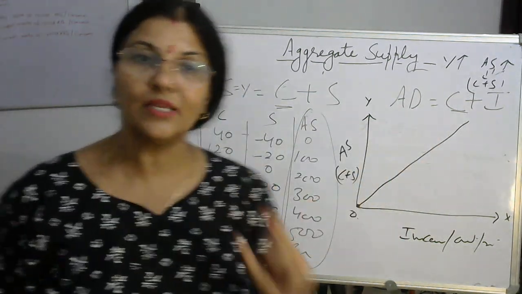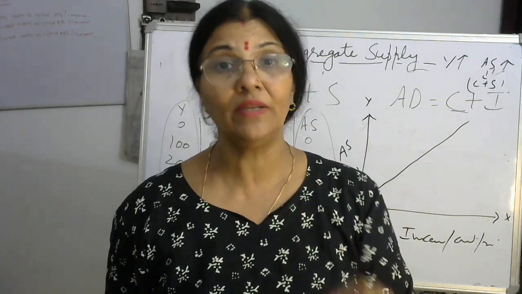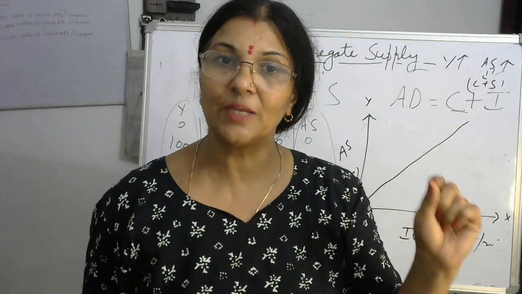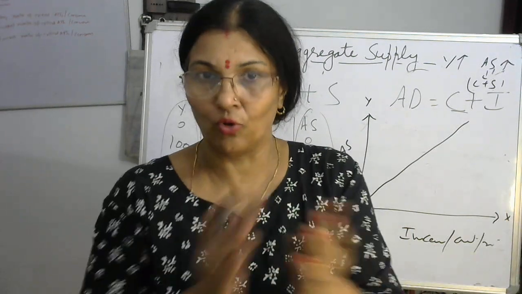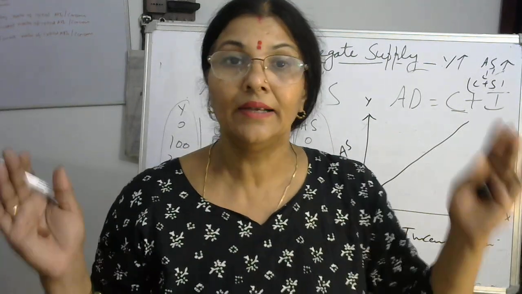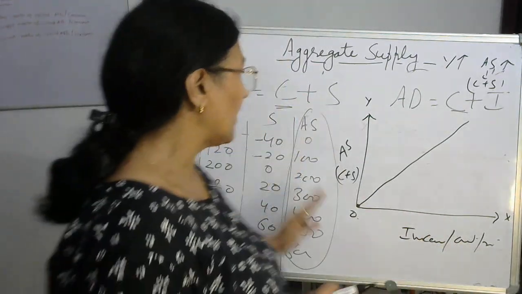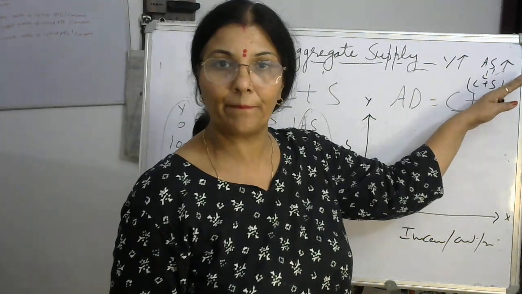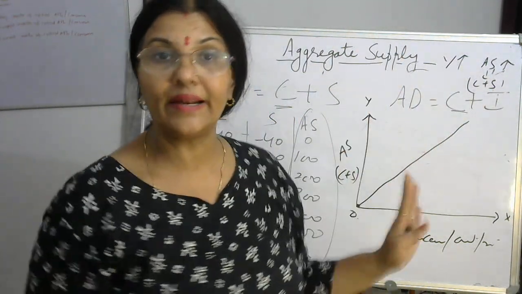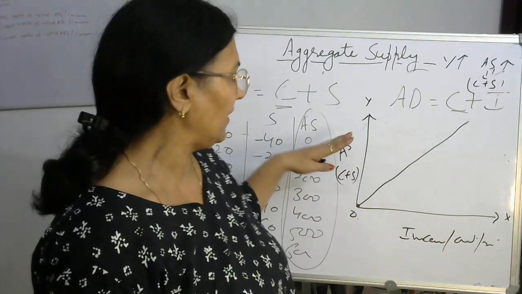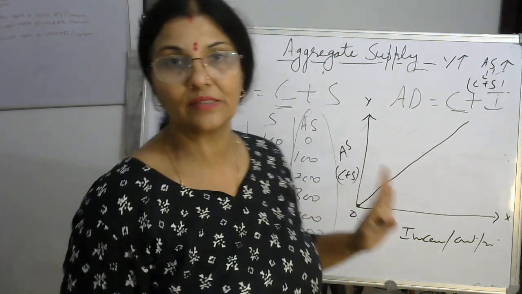Due to the positive, direct relationship between income and consumption and saving, the curve shape is moving up.